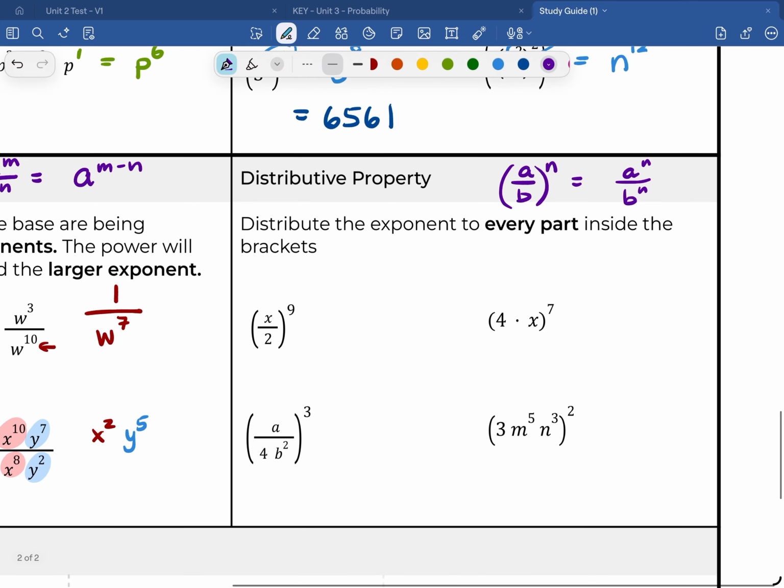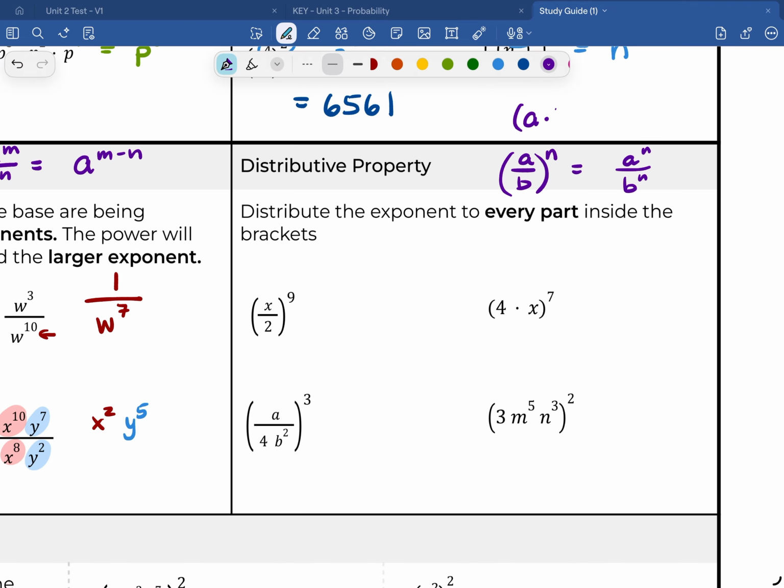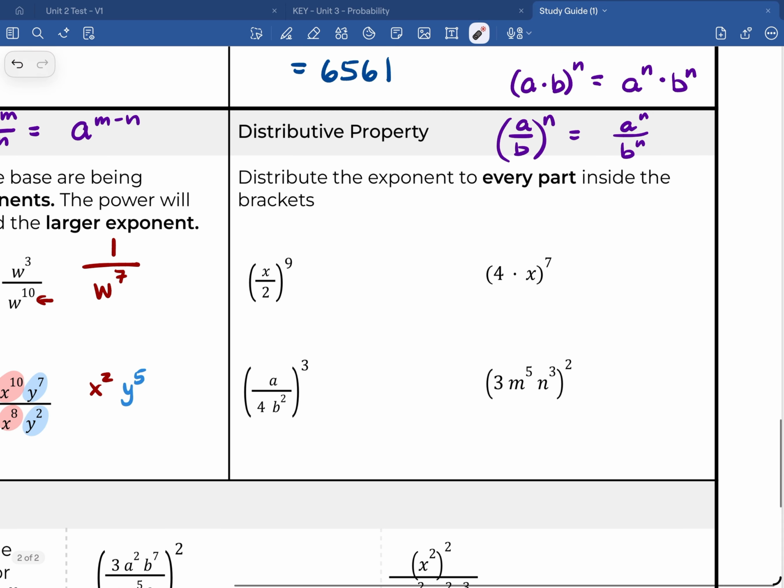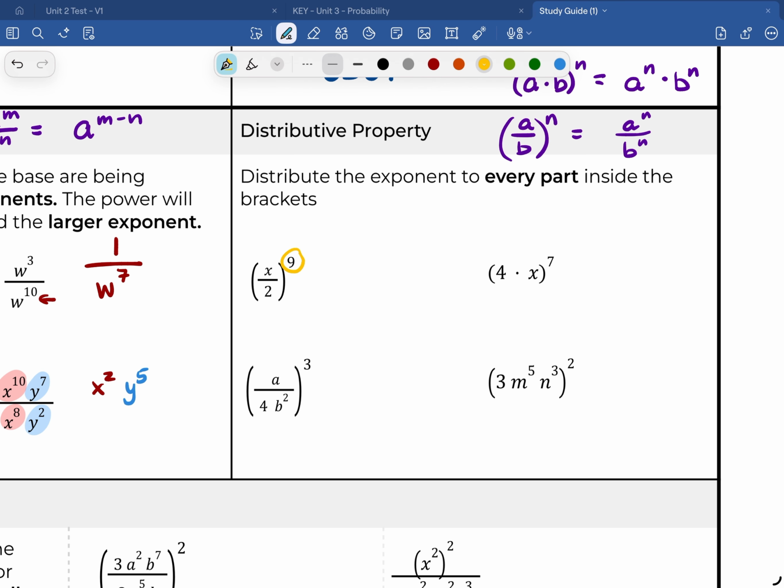Or if we have A times B on the inside with an exponent on the outside, again, the exponent gets distributed. So we'll have A to the power of n times B to the power of n. So each time we're just looking at, okay, you get an exponent and you get an exponent. So same thing here. We're saying, okay, you get a 9 and you get a 9. So our answer would be x to the power of 9 over 2 to the power of 9.